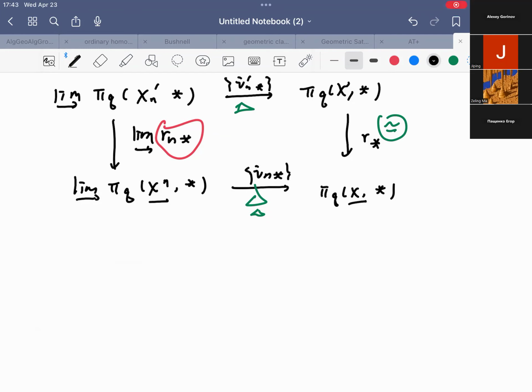We have a colimit, basically an increasing sequence of subcomplexes on the one hand, and the union on the other hand.